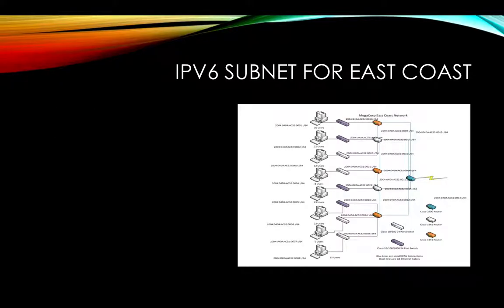So, I know this is small, but this is how I've IPv6 subnetted the East Coast network. I'm just going to read off the prefix that I used and explain why I used it. We have the hexadecimal digits as well in IPv6. Instead of just 0 through 9, we have 0 through 9 and A through F with hex.